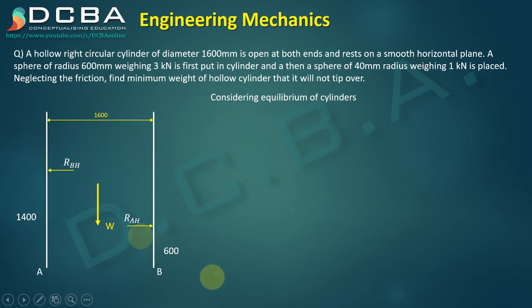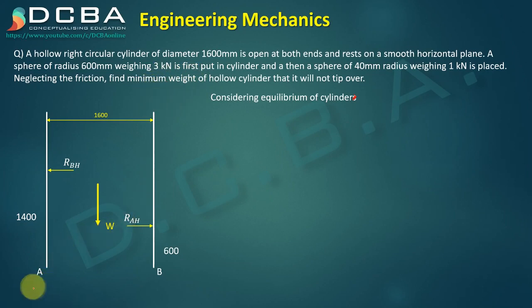Now considering the equilibrium of the cylinder, I will take summation of moment at A equal to 0. Remember, there won't be any reaction at point B because point B is slightly lifted from the ground. We are finding the minimum weight required, and the minimum weight will be found only for the criterion when there is just the start of the tipping over, but the entire system attains equilibrium.